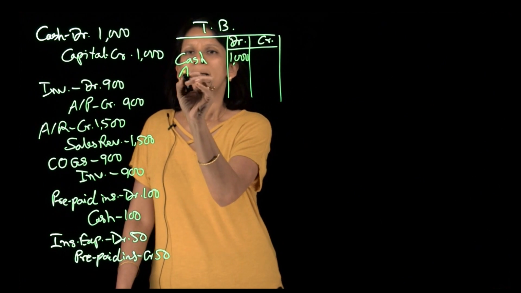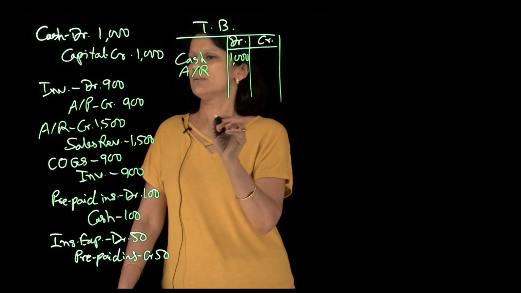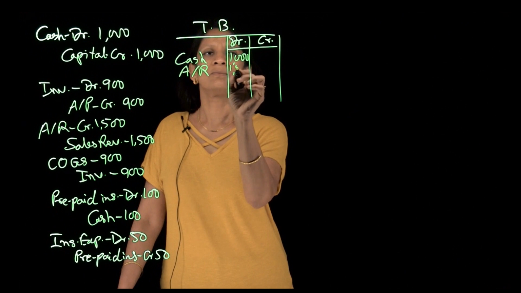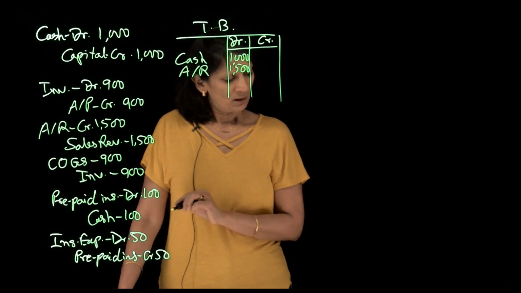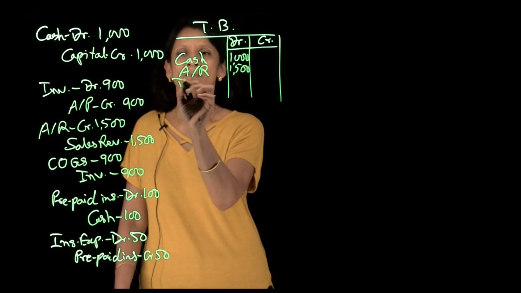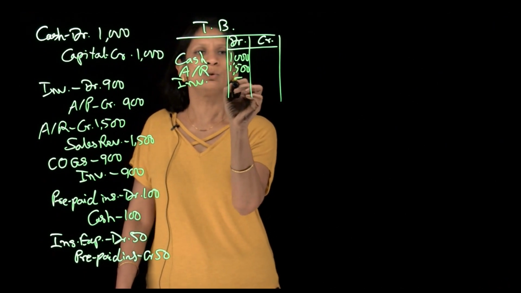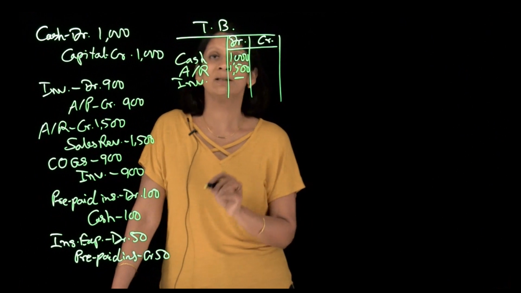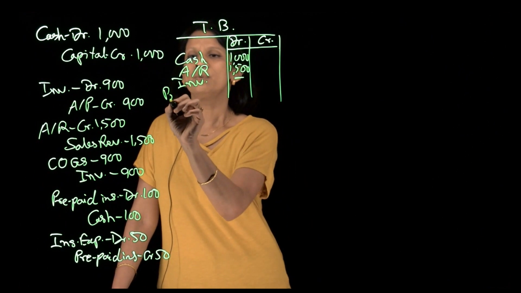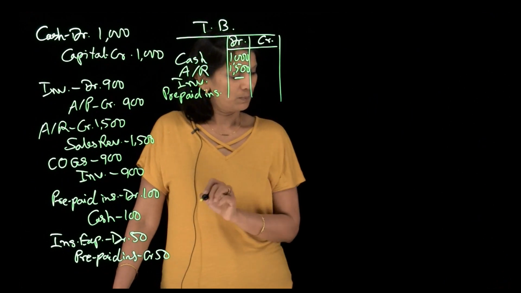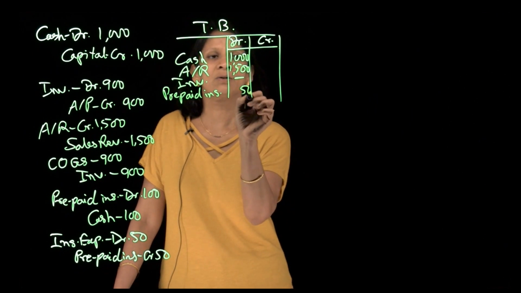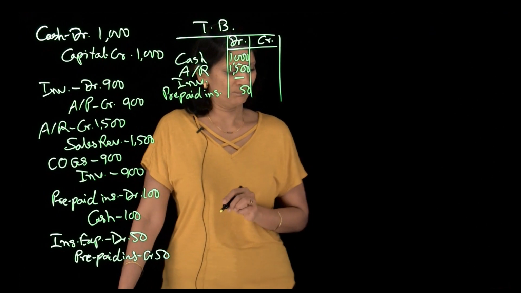Then I had accounts receivable, $1,500 worth. Then I had inventory, but I used it up, so it's no more with me. I do not have any balance of inventory, and prepaid insurance is my current asset. I paid $50 ahead of time for the next month, right?